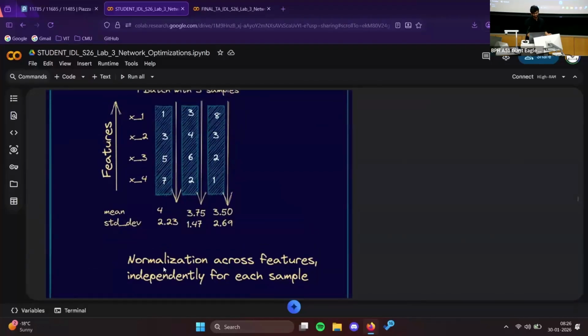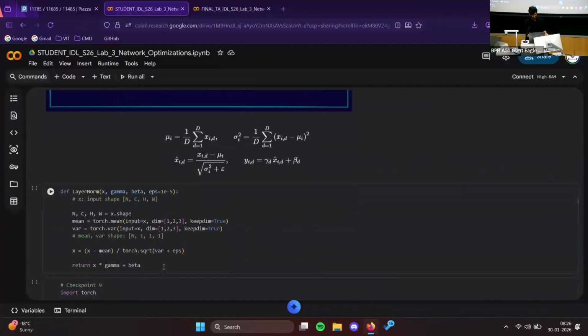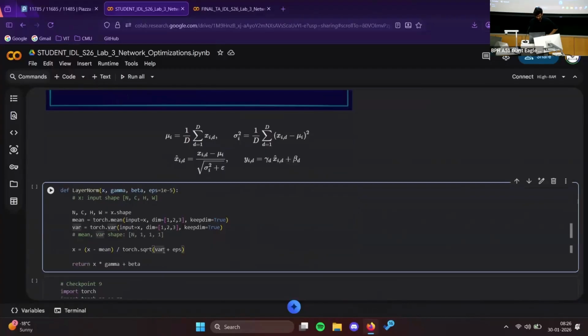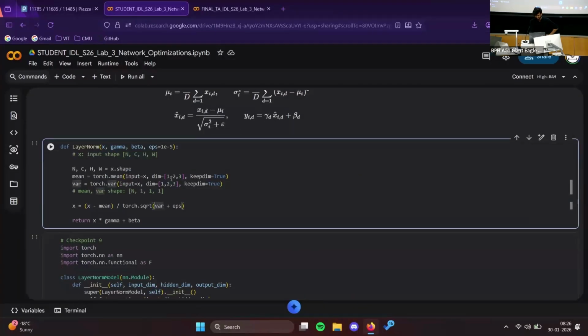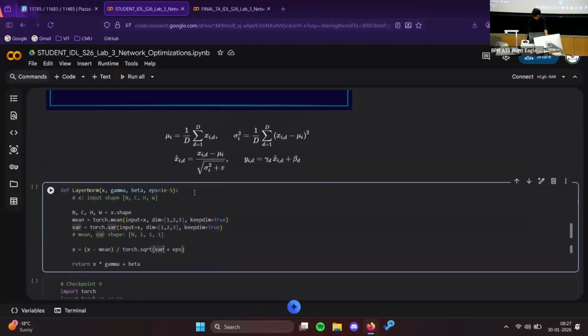Once we get these numbers, we do the same thing. We subtract the mean and we divide by the variance. And if you look at this code cell, it's the same thing, but with a little change in dimensions. The input shapes are the same, N, C, H, and W. Since we are taking mean and variance across dimensions for each sample, the dimensions will be 1, 2, and 3, which denote C, H, and W. Since it's layer norm, we omit the 0th dimension.